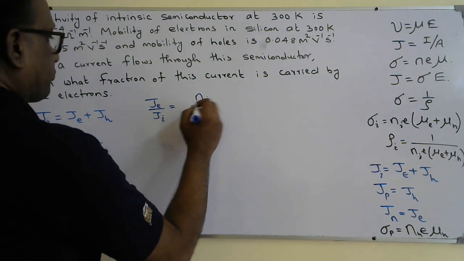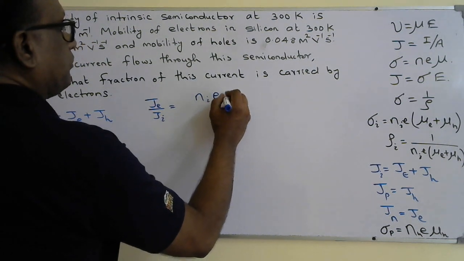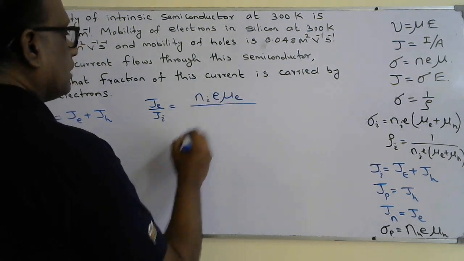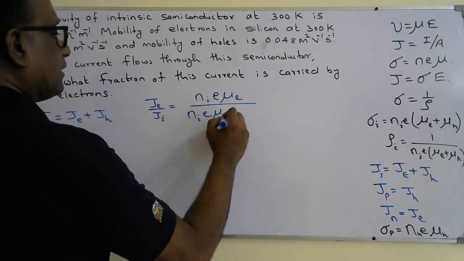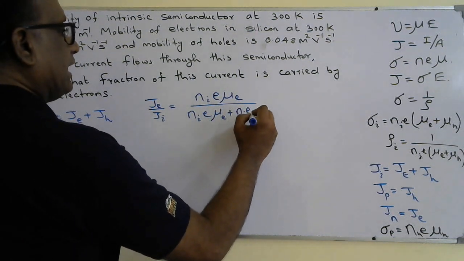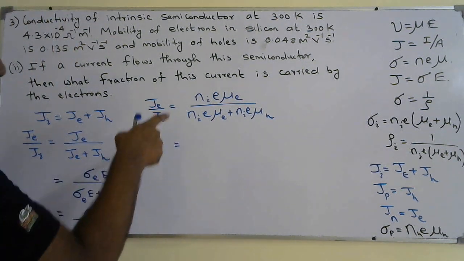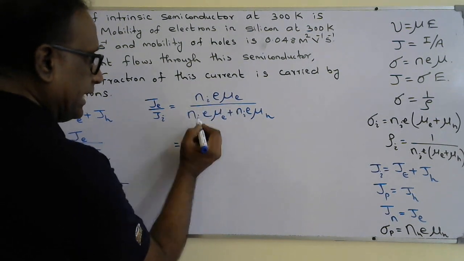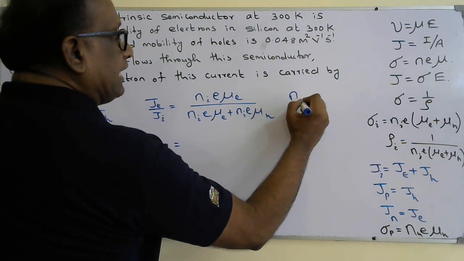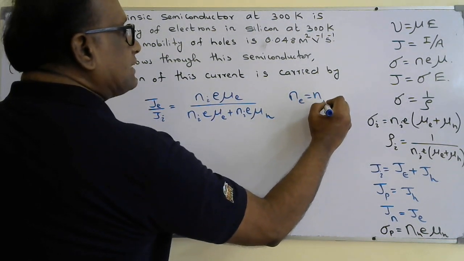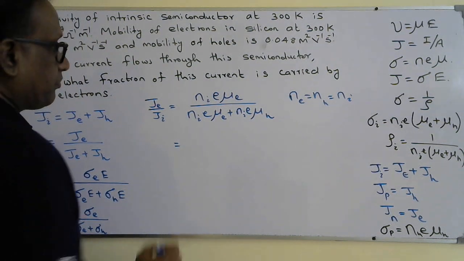Ni E mu E over Ni E mu E plus Ni E mu H. Because I would have put here Ne E mu E over Ne E mu E plus Nh E mu H, but we know that Ne equals Nh, that is equal to Ni in an intrinsic semiconductor.